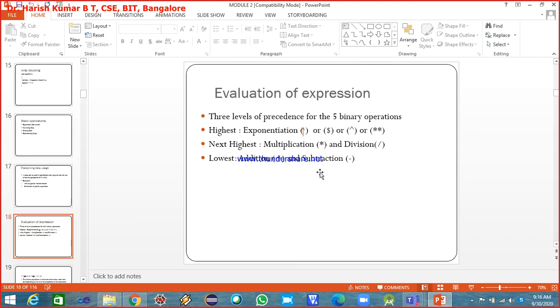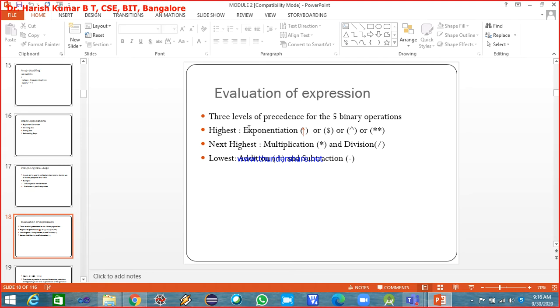Now we'll have a look at how to evaluate an expression. Whenever we need to evaluate an expression, there are 3 levels of precedence for 5 binary operations. So we have 3 levels of precedence.